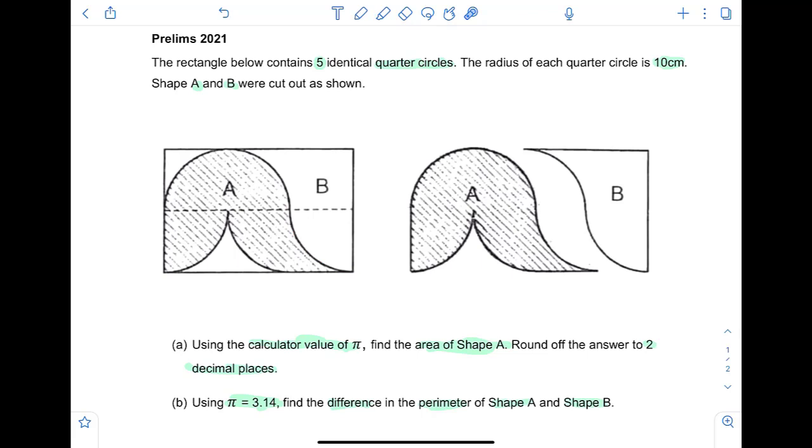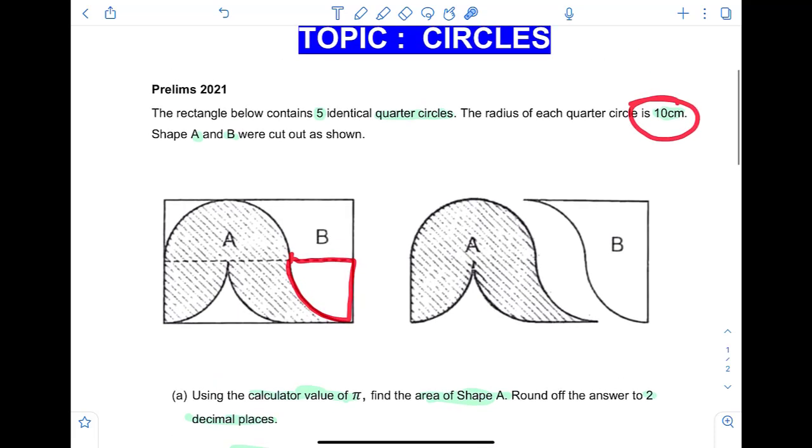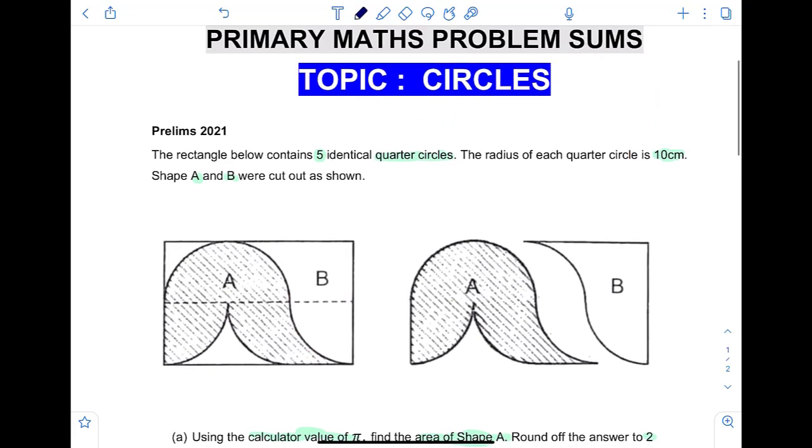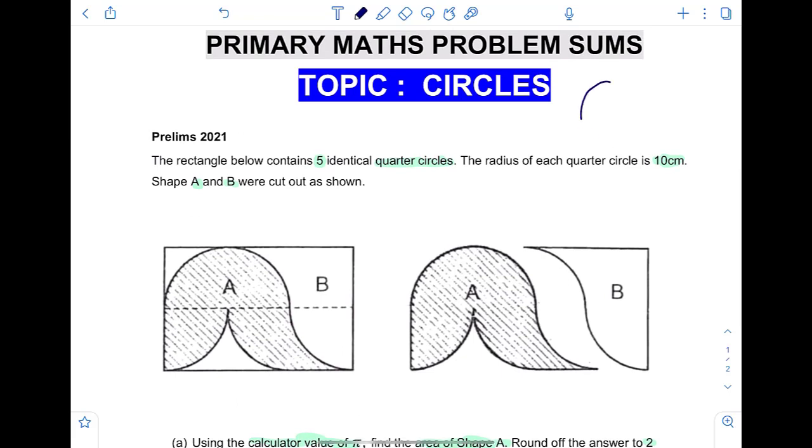So again, the 5th one is here, and they all share the same radius of 10 centimeter. Now, what is the meaning of radius? Radius means, if you have a circle, the length going from the center to any point on the circumference. So this is your radius. It can also be here.